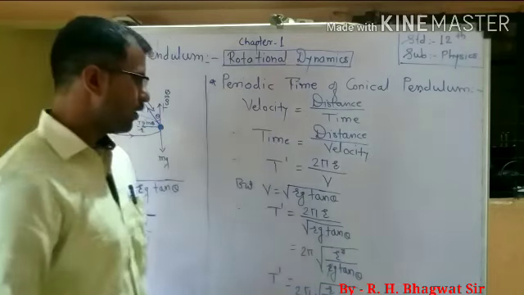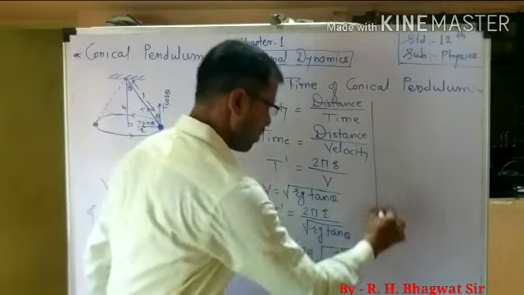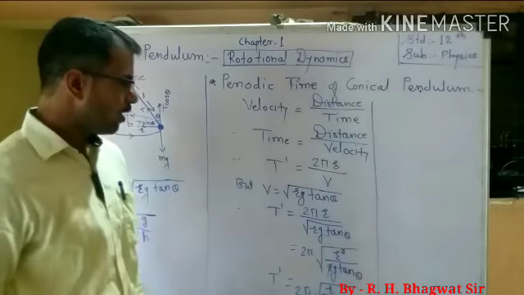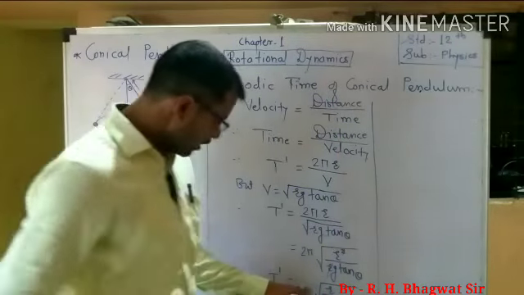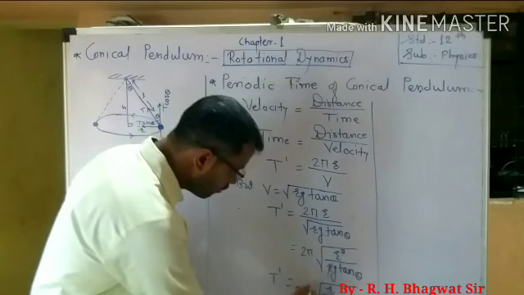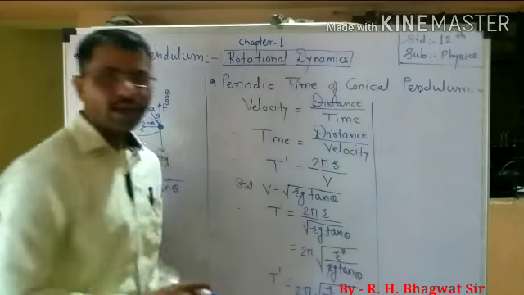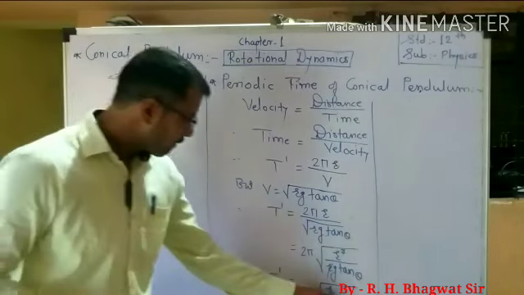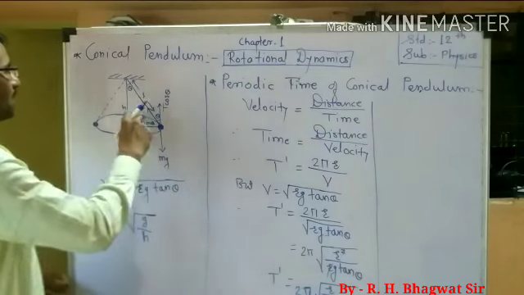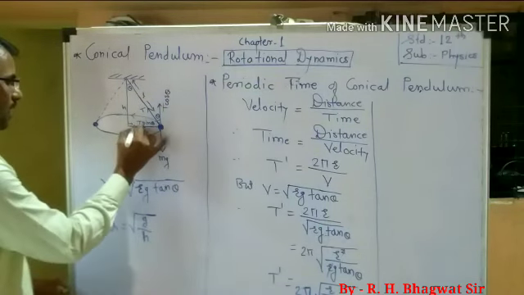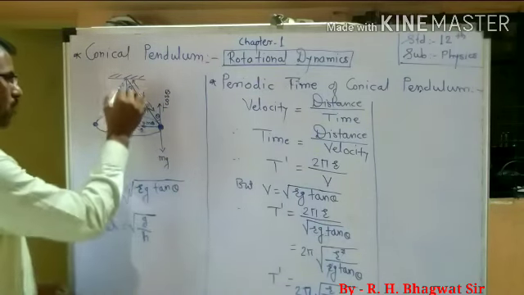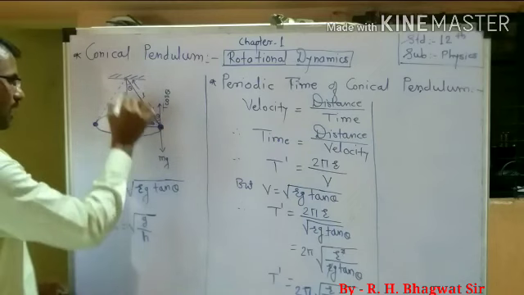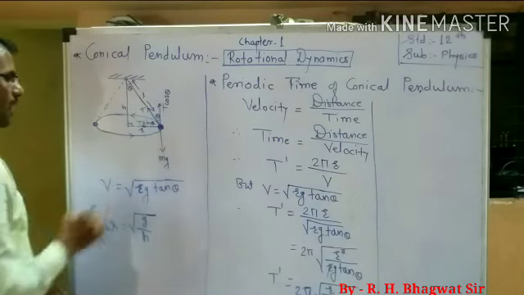Now, here we have to put the value of r in the form of sin theta. Here r is the radius of the circle. When we consider this triangle, here is the right angle.